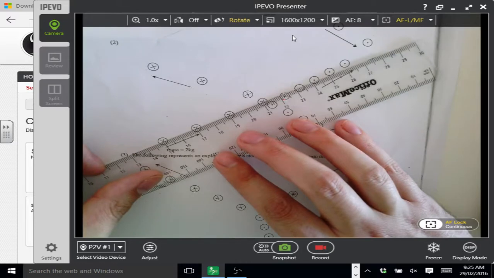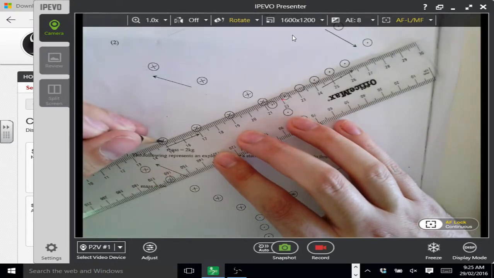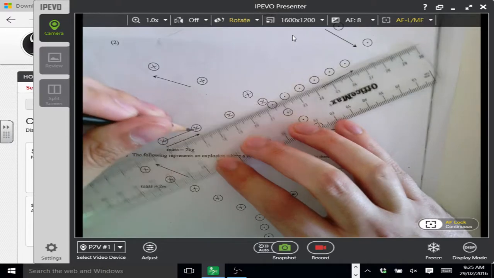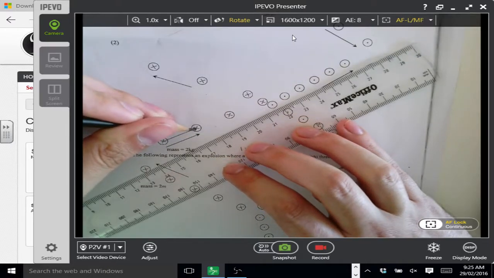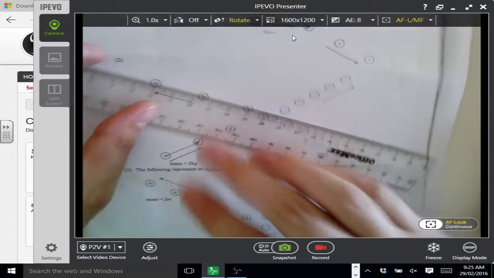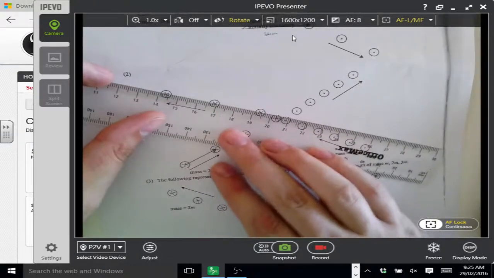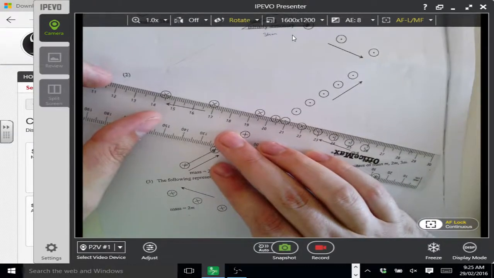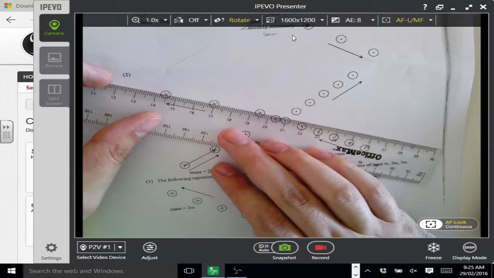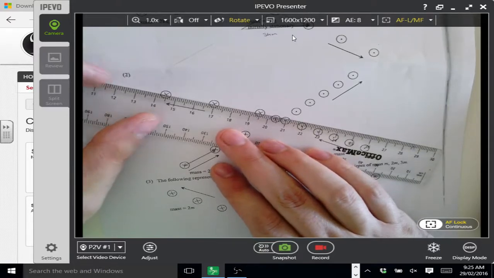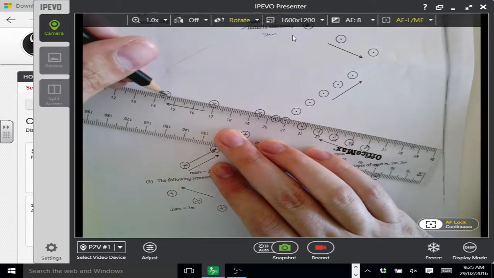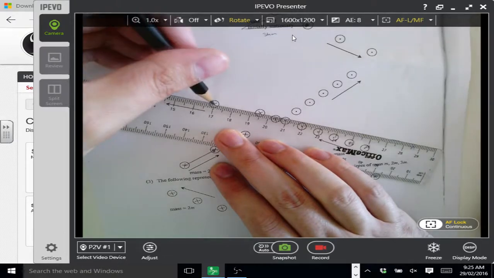All right, so let's draw that first velocity vector. Actually, this is also the momentum scale vector. And we'll draw one over here as well. Okay.